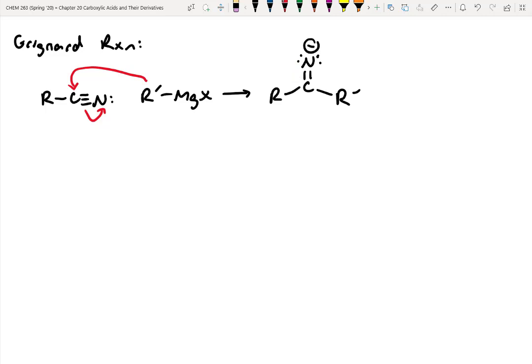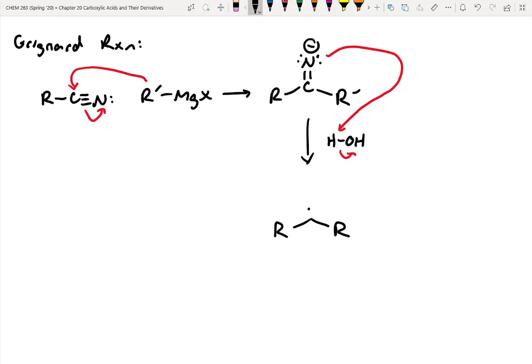And then in the next step, we'll treat this with some sort of weak acid or even water. So in this case, we can just treat this with water. And we can get a functional group that looks pretty familiar. If you remember from the previous chapter, this is just an imine.